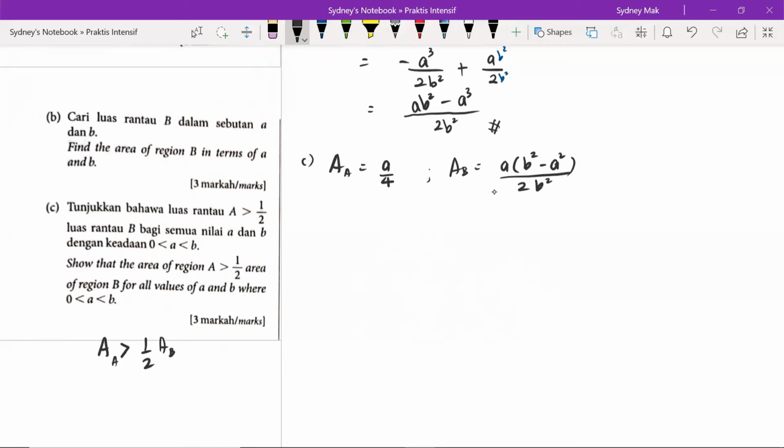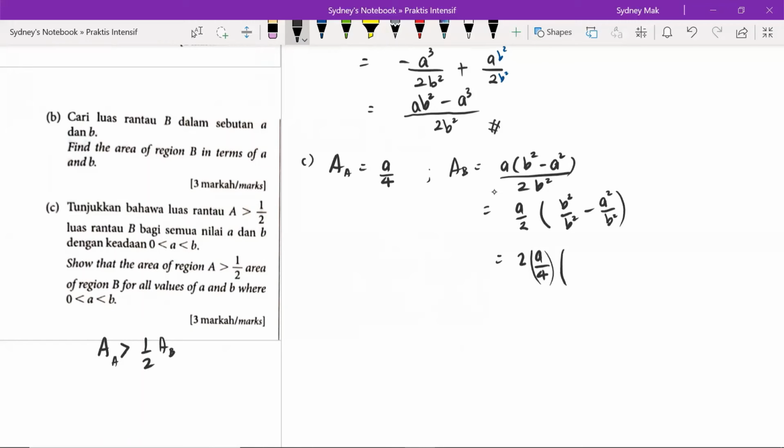Let's separate this one, a over 2, and over here we can split this into 2 fractions. To get a over 4, I just need to multiply by 2. 2 times a over 4 gives back a over 2.